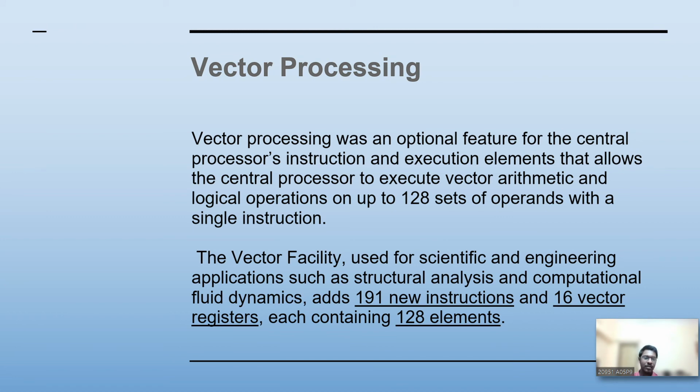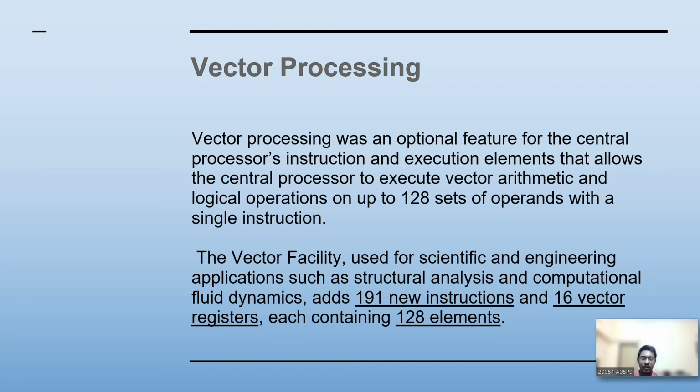For implementing vector processing for this 360 and 370, they needed 16 vector registers, special registers for vector processing, and 191 new instructions. Let's say for adding elements into the vector, or removing them, or creating a vector of a certain size, or allocating the memory, and so on. The 16 vector registers deal with the data, collecting specific data only from the vectors, so they are dedicated to vectors.